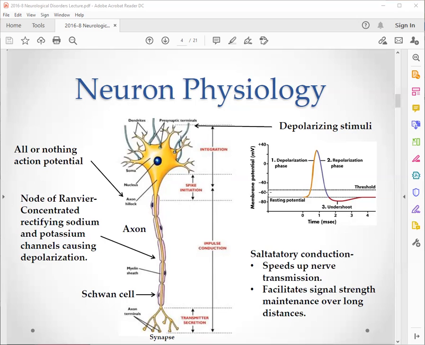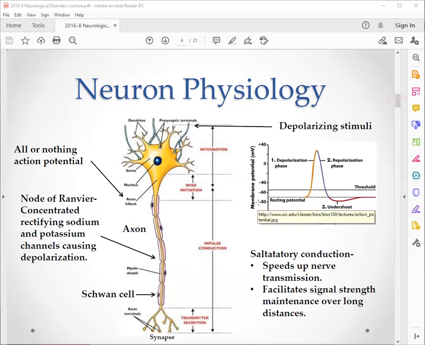And if the stimuli coming from this presynaptic nerve is strong enough to result in enough depolarization of the cell to meet a threshold action potential or threshold membrane potential, then an action potential is initiated in which there's complete depolarization of this neuron followed by a repolarization phase. And ultimately, this neuron's membrane potential returns to baseline.